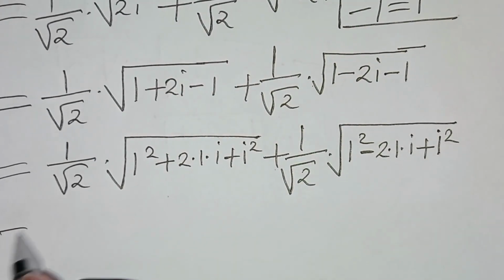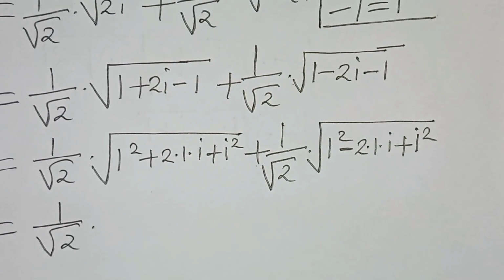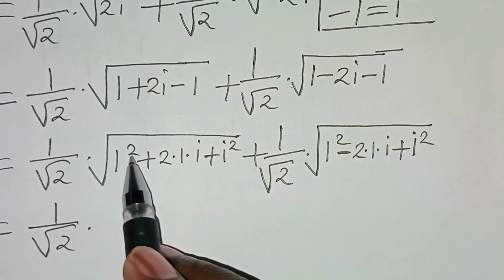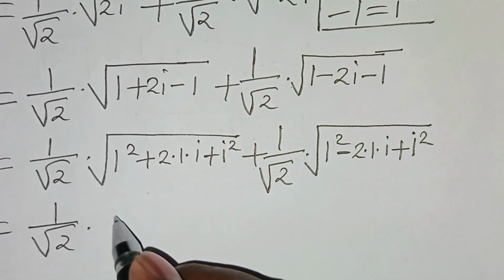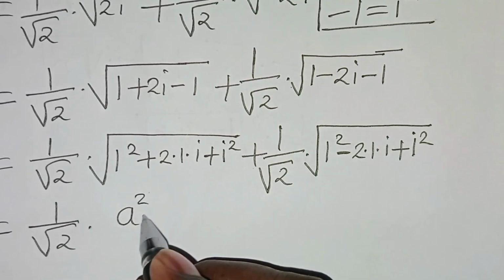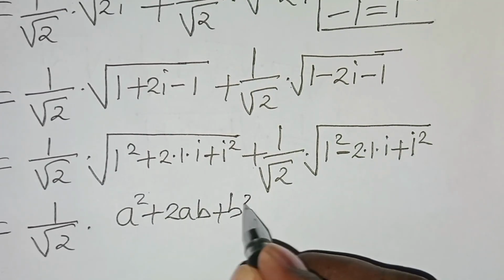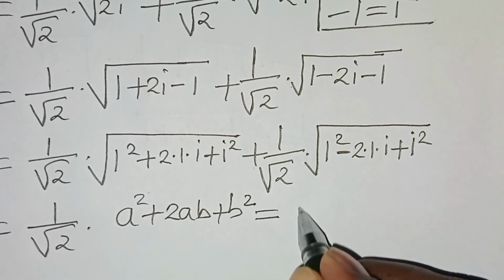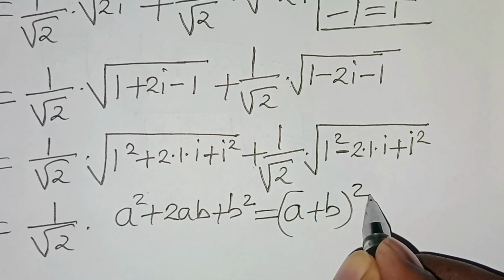Now, the next step here, we'll have 1 over square root of 2 multiplied by the square root of 1 squared plus 2 times 1 times i plus i squared. This is in the form of a squared plus 2ab plus b squared, which we can express as a plus b squared.